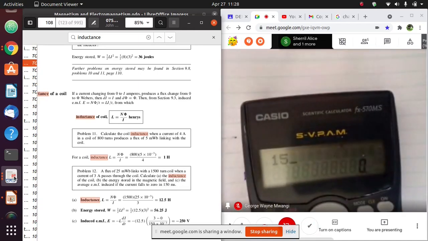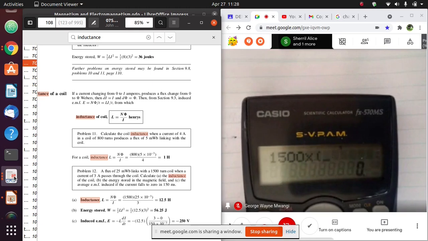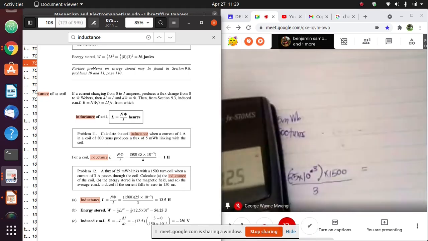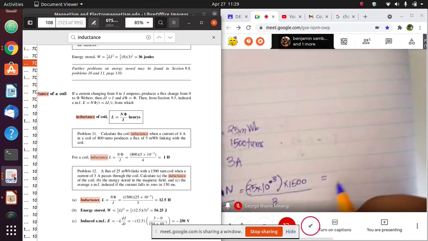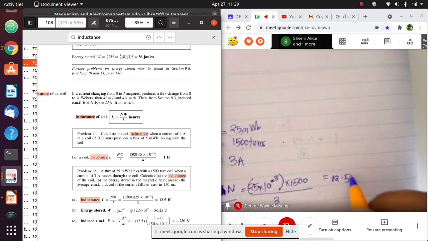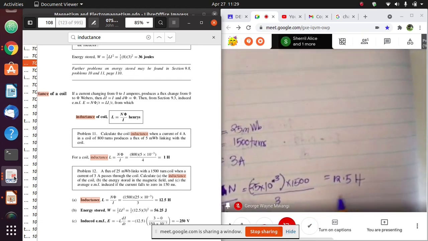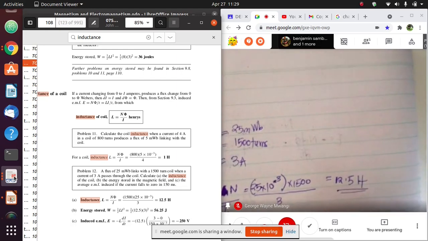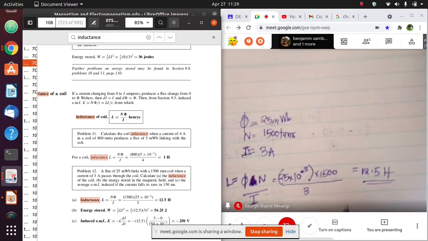So 1500 times 25 times 10 raised to power -3 divided by 3. Ama ni ngapi? Yes, 3. 12.5. It is 12.5, Benjamin. Yes. 12.5 Henry. Sawa sawa.